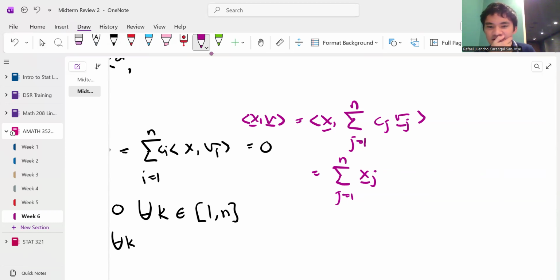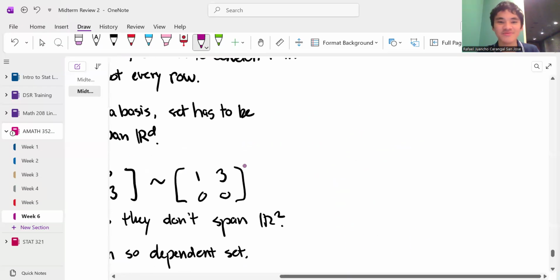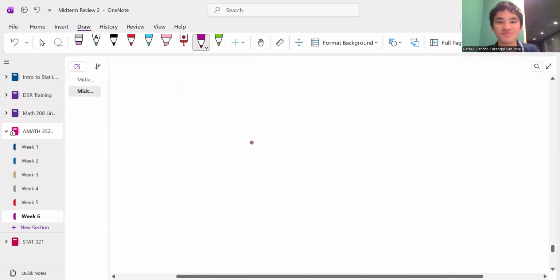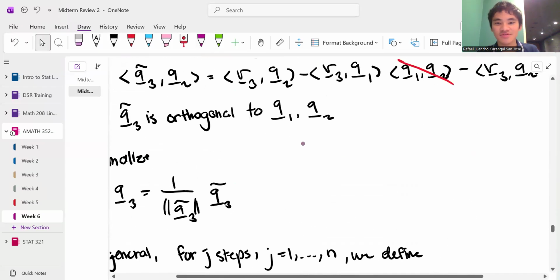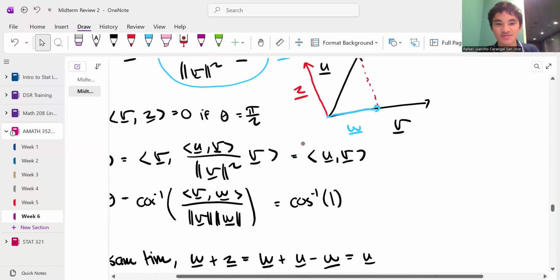God, how did I prove this? Hmm, what? Okay, now I'm confused. I forgot how to prove linearity. I was able to do it if you give me a vector. I wasn't able to do it here.